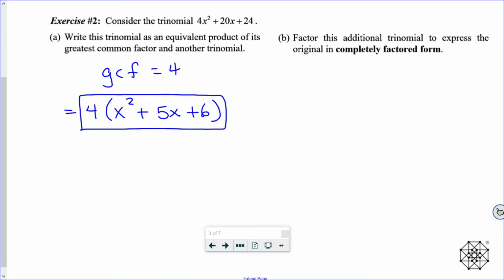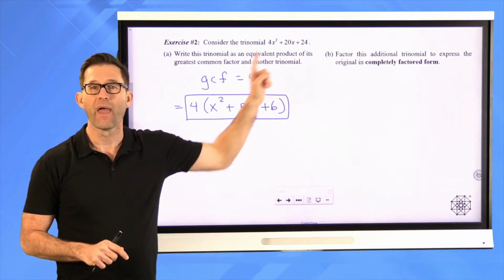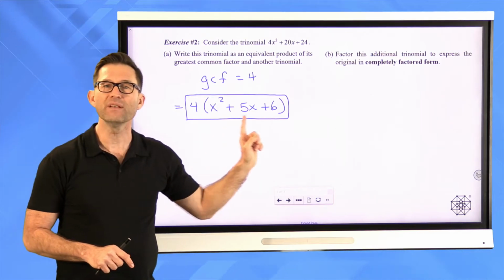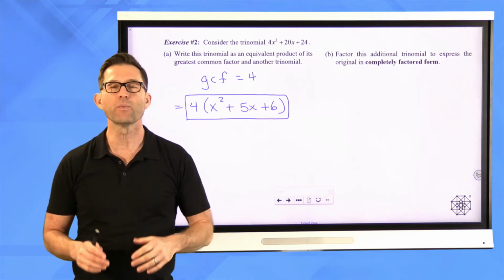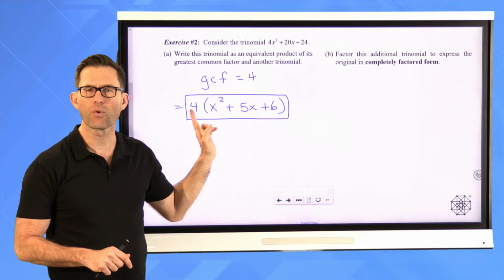Factor this additional trinomial to express the original in completely factored form. All right, so here's the point. We've now written this thing as 4 times x squared plus 5x plus 6. But this all by itself can be factored. In our last lesson, we looked at how to factor trinomials. Just ignore the 4 for a minute.